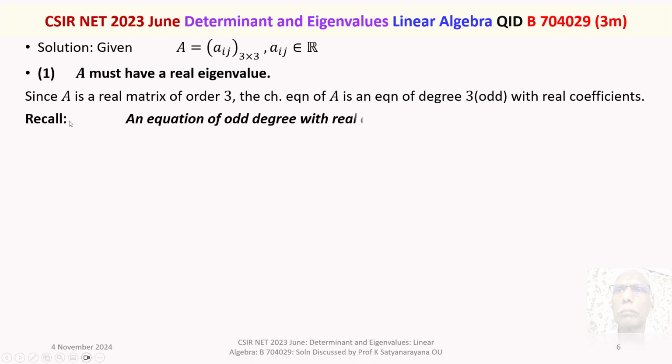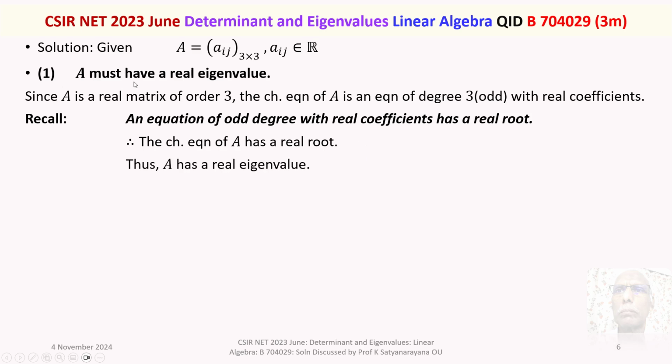We recall a result: an equation of odd degree with real coefficients has at least one real root. So the characteristic equation of A has a real root. This implies A has a real eigenvalue. That is, A must have a real eigenvalue.